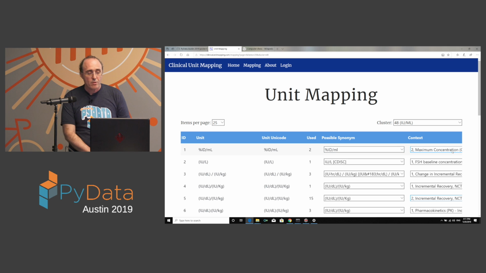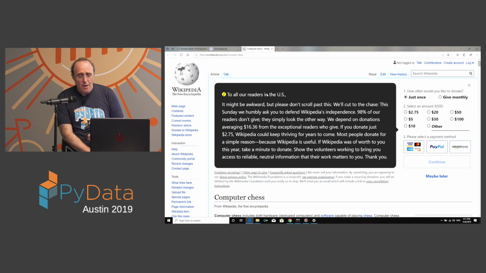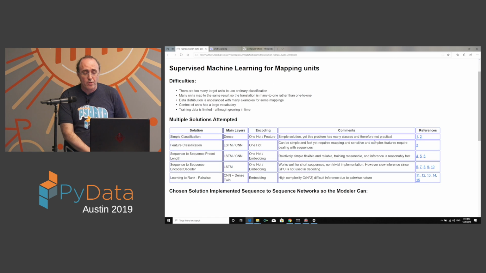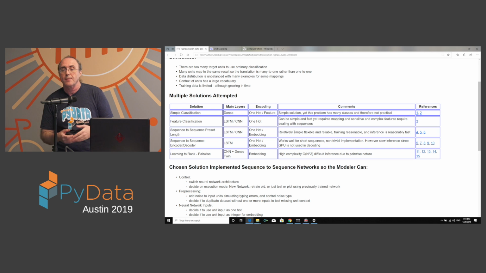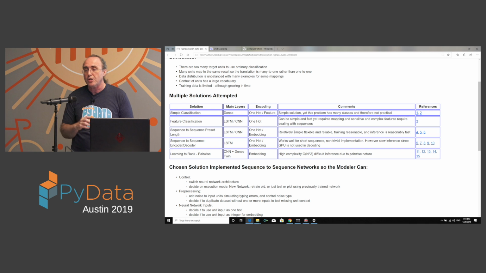So we also tried adding inputs, sometimes only the unit, sometimes the context, and sometimes both. And all of this is written in one architecture that we can change and morph. There's one program that allows us to morph between the architectures.